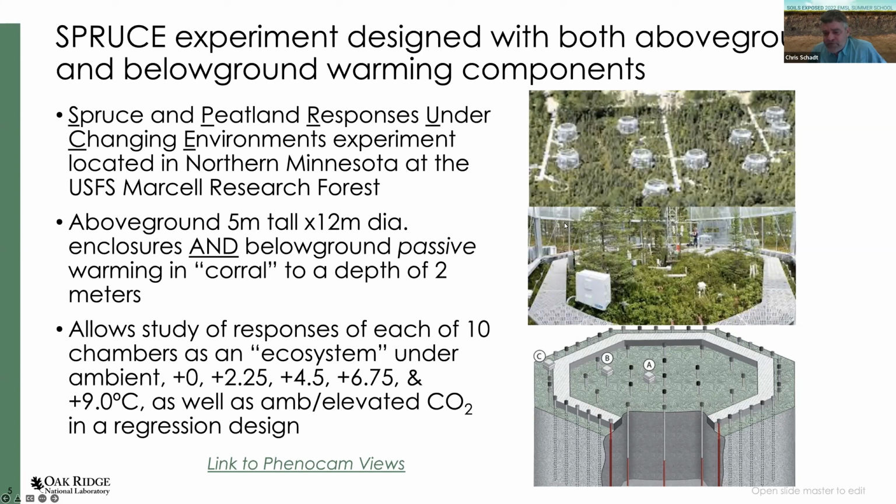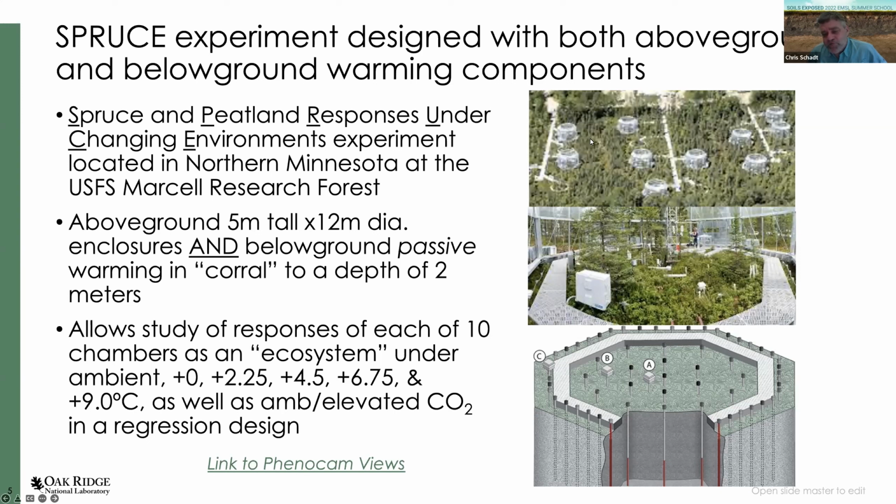Each of the 10 chambers here ranges in a regression design from zero energy added, so no heat added, just the infrastructure added, to plus 2.25 degrees Celsius, plus 4.5 degrees Celsius, plus 6.75 degrees Celsius, and plus 9 degrees Celsius.